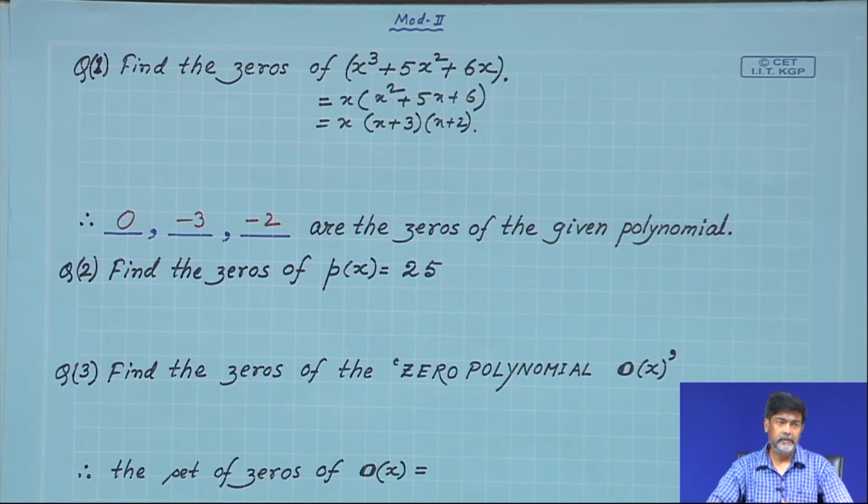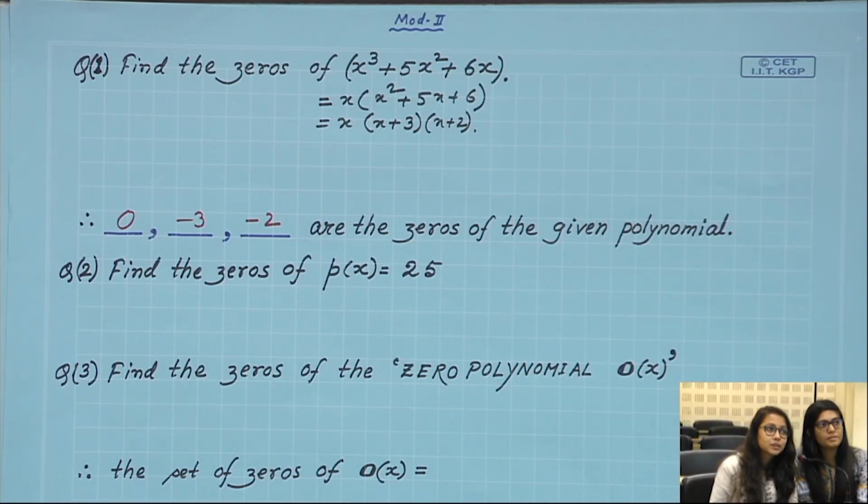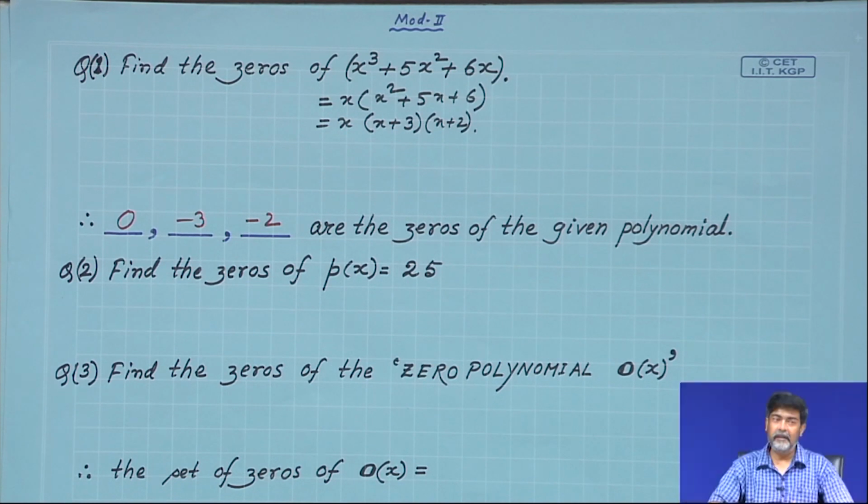The value will be 25. What is the value for p(100)? That will again be 25, sir. So, if we put any fixed real number a instead of x, it would be 25. So, there is no chance for making this polynomial to be 0. There is no real number which can make it 0.